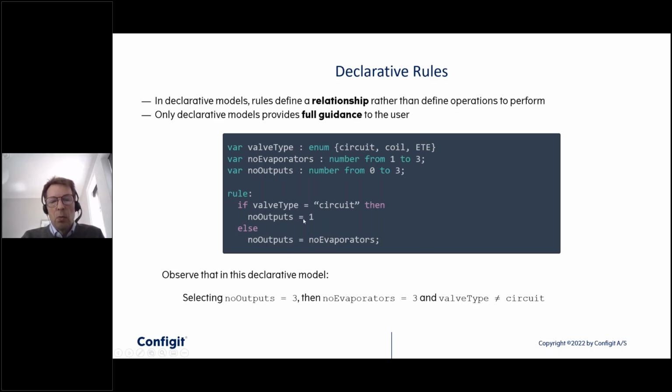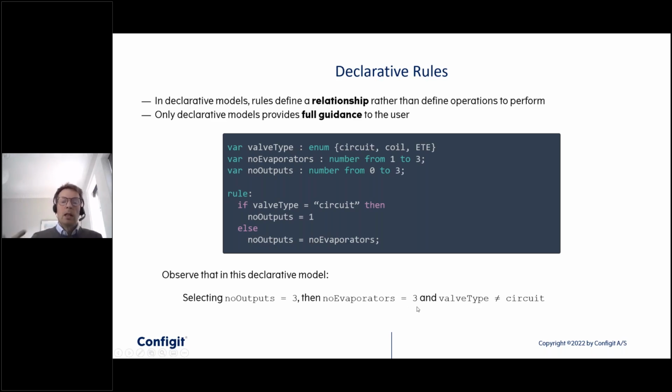Well, it means it's not 1. So from that, you can deduce that you cannot get circuit because that would break this rule. If you chose circuit, it says that you must have 1 and you chose 3. So you cannot have circuit. And since you cannot have circuit, you also can deduce that then you fall into the else part. And that means that your number of evaporators will then have to be equal to number of outputs, which you just set to 3. So your number of evaporators will also be 3.